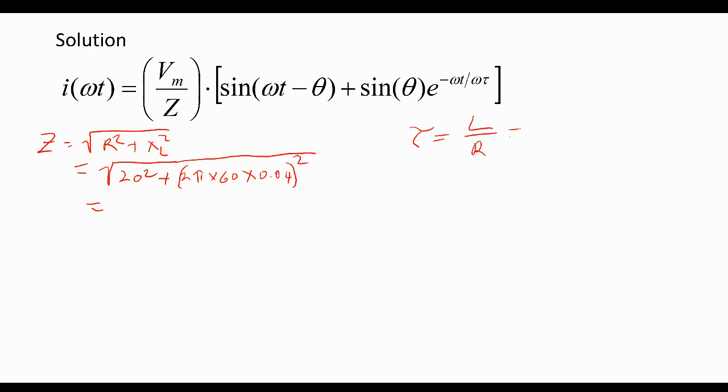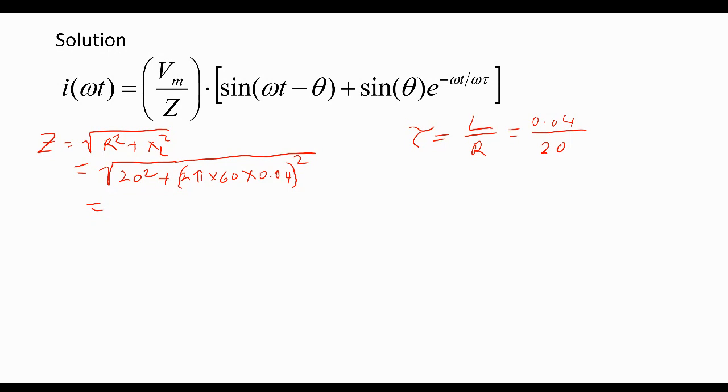Yes, sir. So that's 0.04 over your R. What was R again? 20. Have you worked out Z already?